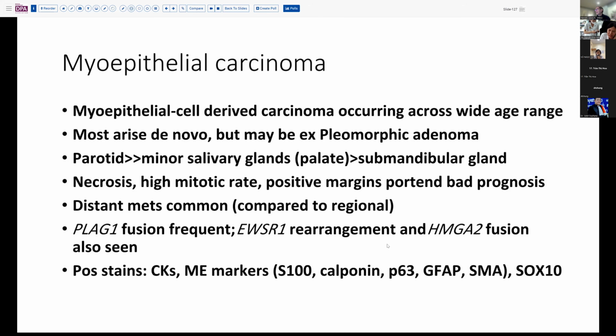So these are tumors that may have a fairly monotonous morphology, like many fusion tumors do. But because of the other features of malignancy that we've noted here, you would be able to more safely mark them as carcinomas. They will have myoepithelial markers that we've mentioned. They'll also be SOX10 positive and have some cytokeratin expression.